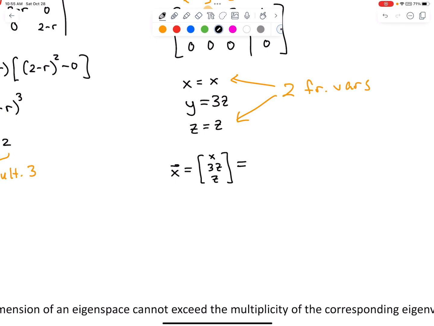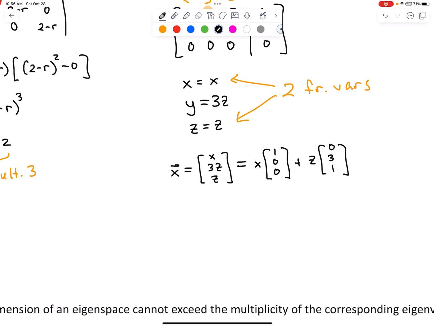You must express your vector solution in terms of only the free variables, and then decompose. So we have x times, and then grab all the coefficients that you see of x, which would be 1, 0, 0, plus free variable z times the vector, grab the coefficients, 0, 3, 1.